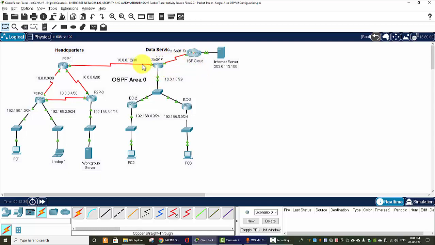We only configure OSPF on the local interfaces. The first one is serial 0/1/0 and the gigabit Ethernet here.